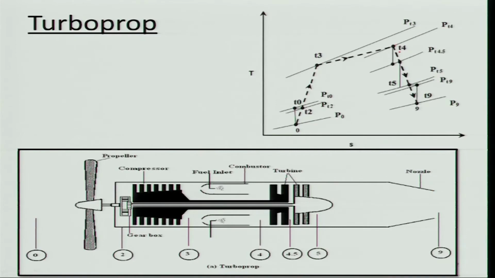The only difference is the expansion in the high pressure turbine and low pressure turbine, which will be much higher as compared to the nozzle. The nozzle is very small, you should keep that in mind, and the rest of the things are similar to the turbojet engine or the core engine of the turbofan engine.